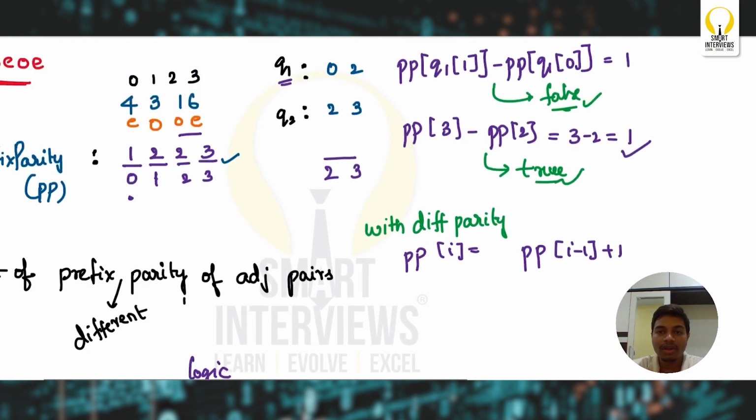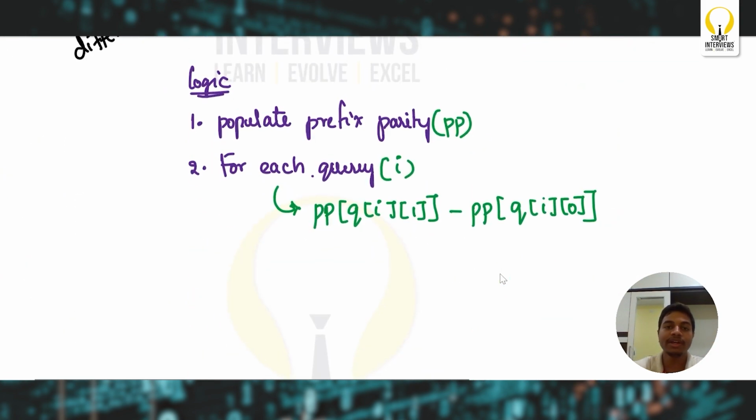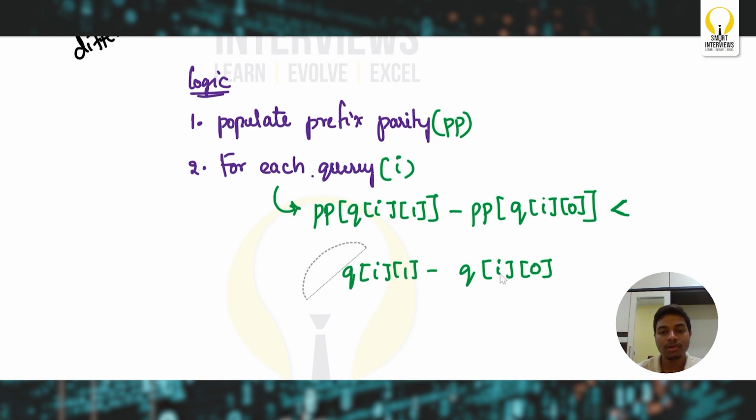What if this value is larger than q of i of 1 minus q of i of 0? We are going to add false. What if this value is smaller than q of i of 1 minus q of i of 0? What am I supposed to do with this condition?